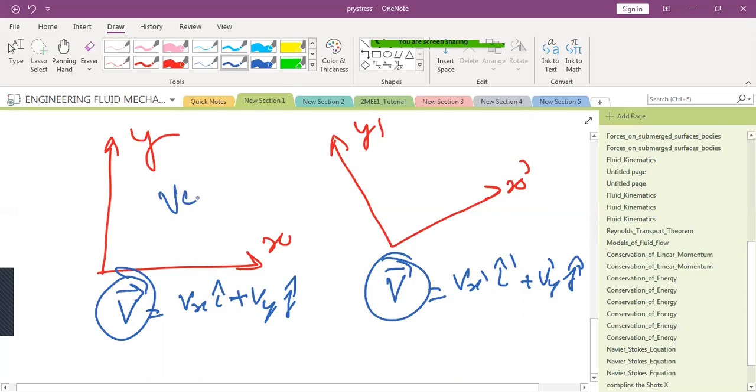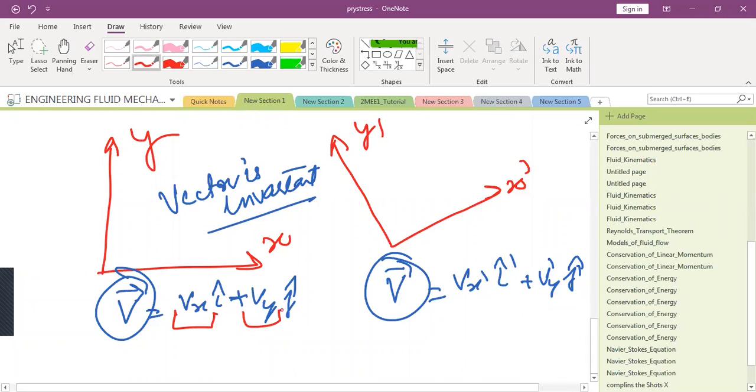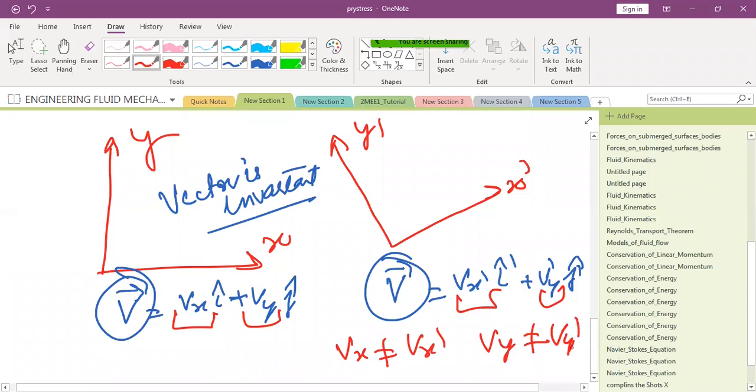The vector is invariant. What can change is the components. So you know that Vx is not equal to Vx dash and Vy is not equal to Vy dash. If this was vector V, the same vector V in this coordinate system is this.